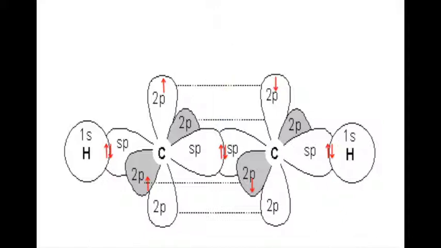And now let's look at our pi bonds. Our p orbitals are perpendicular here. So these 2 p orbitals are parallel to each other. Along the y-axis, those will be able to overlap and share that pair of electrons.